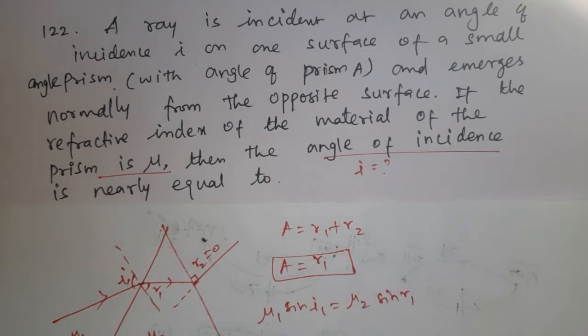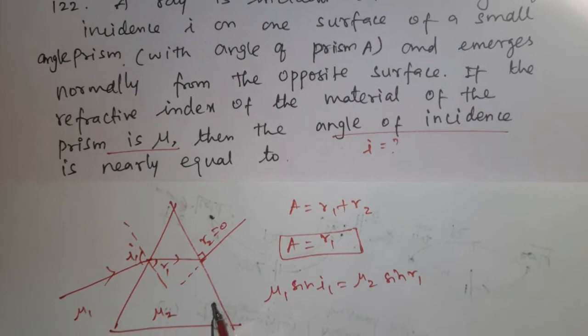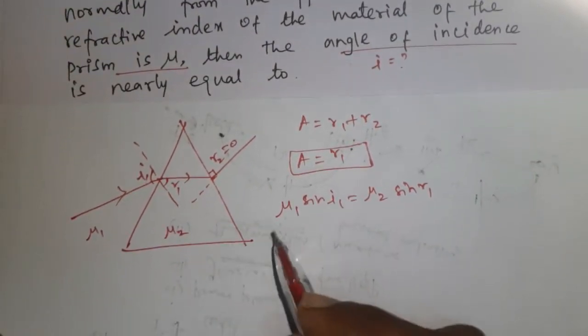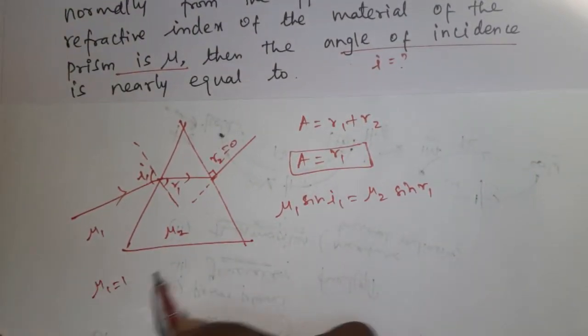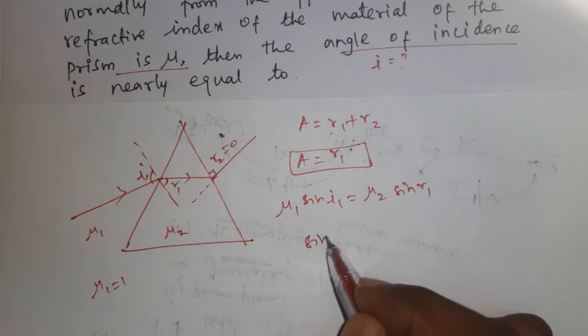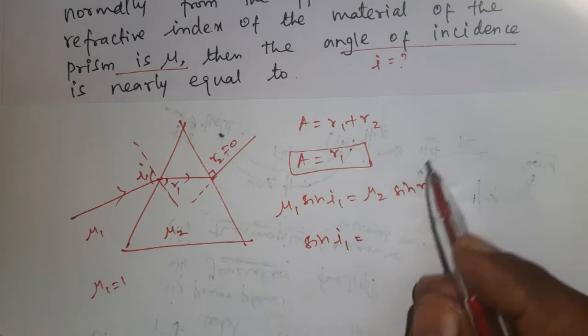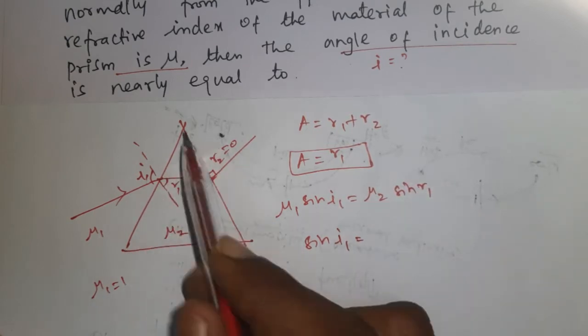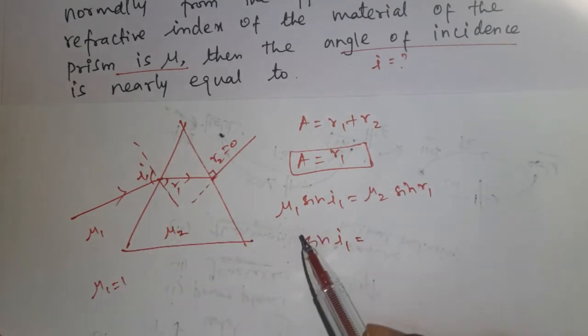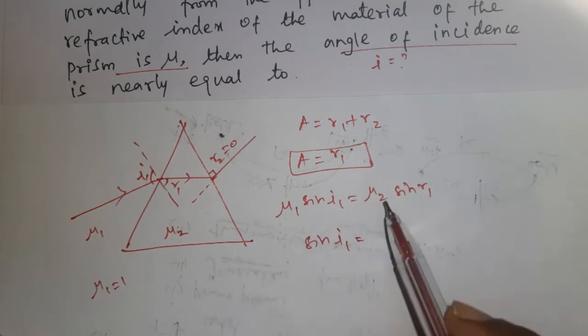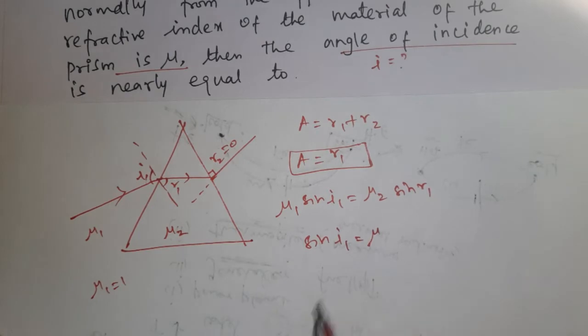For air, the refractive index is 1. So mu1 is equal to 1 for air. So 1 into sin I1 is equal to mu2 sin R1. Mu2 is nothing but the refractive index of the glass prism. Since mu1 is 1, only one mu is there, so no need to use a subscript; you can take it as mu.